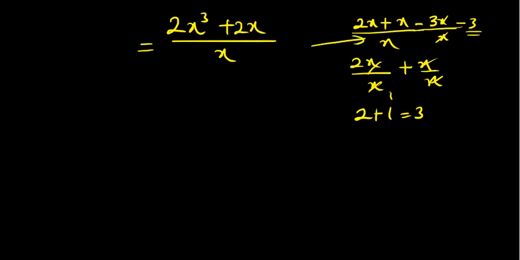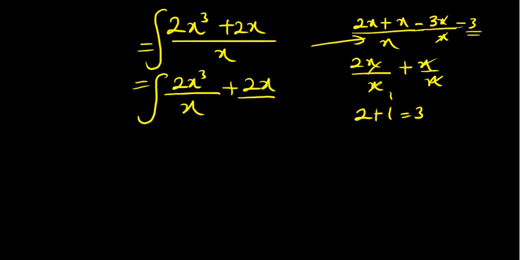Before you integrate, so that it can be easier for us to integrate it, it will now be 2x cubed over x plus 2x over x. I hope you understand. There is dx here. Before you can integrate, you need to put dx there.